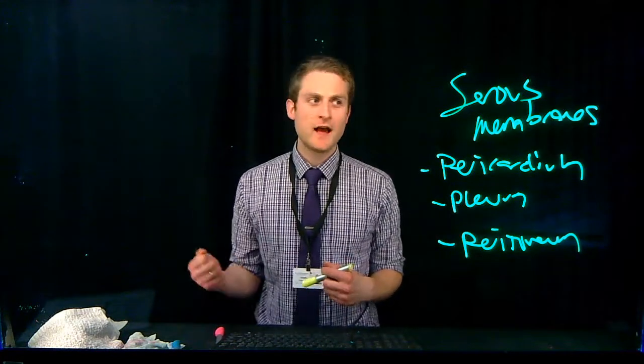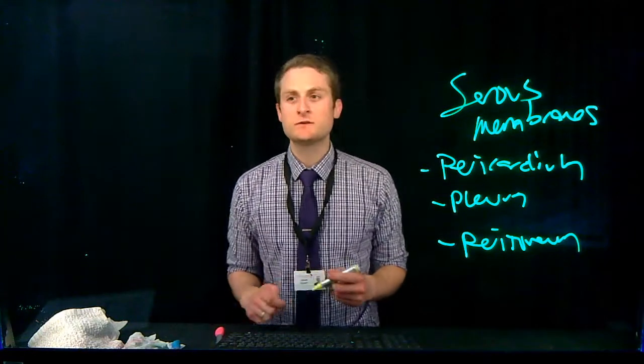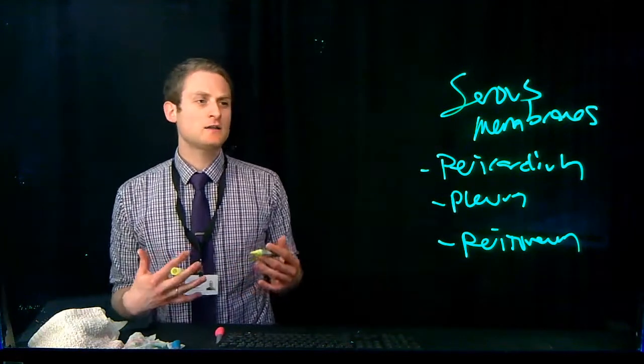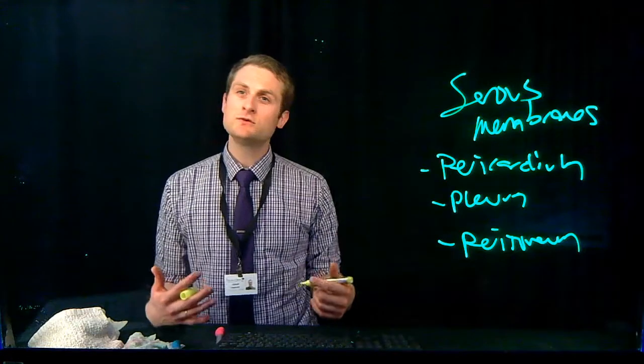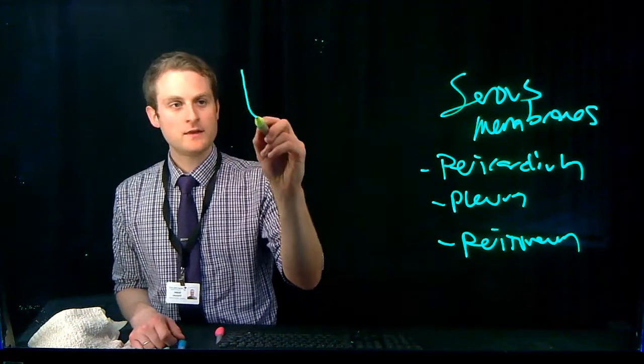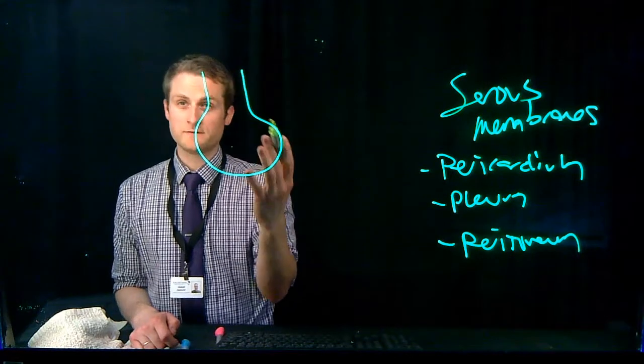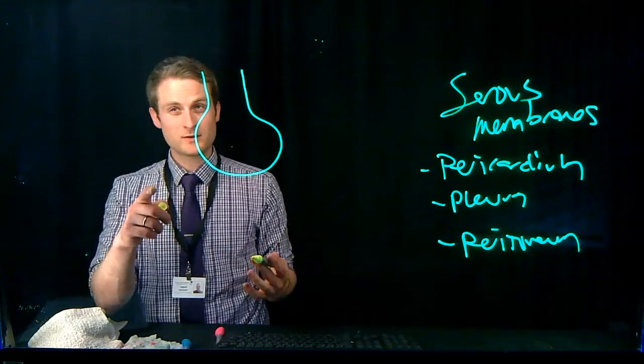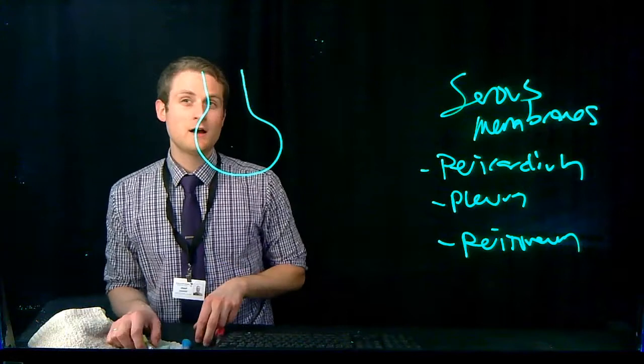And the classic analogy for our serous membrane is kind of like your fist into a balloon. So if you pretend that this here is a fist, I am not a very good artist, so that is unfortunately the best that you're going to get.